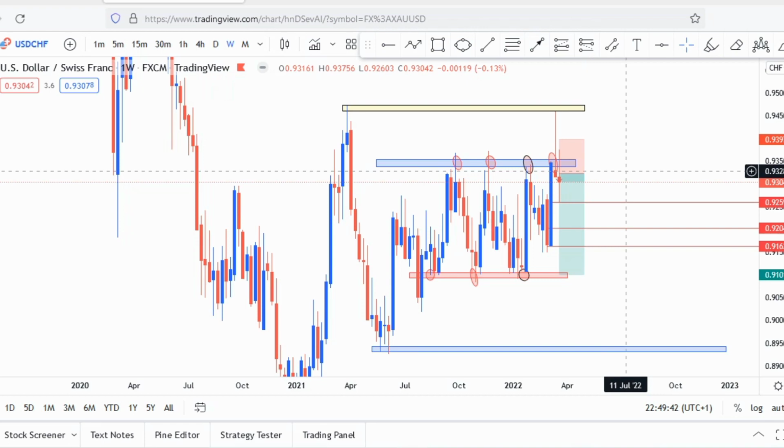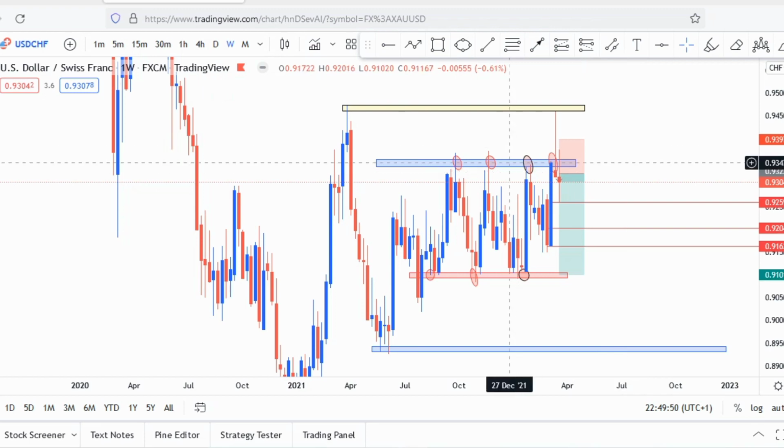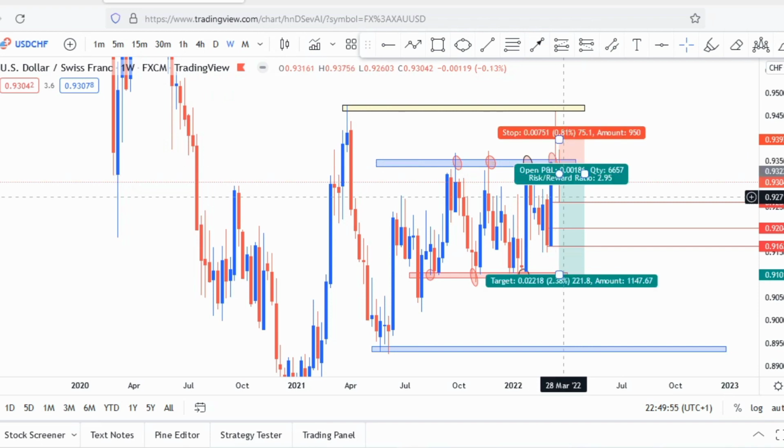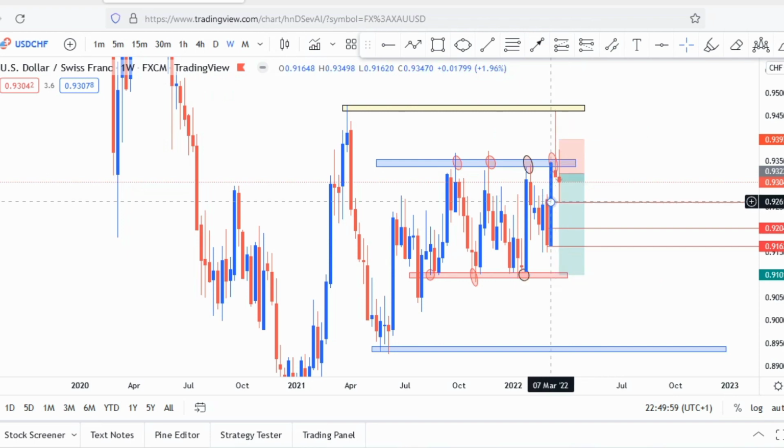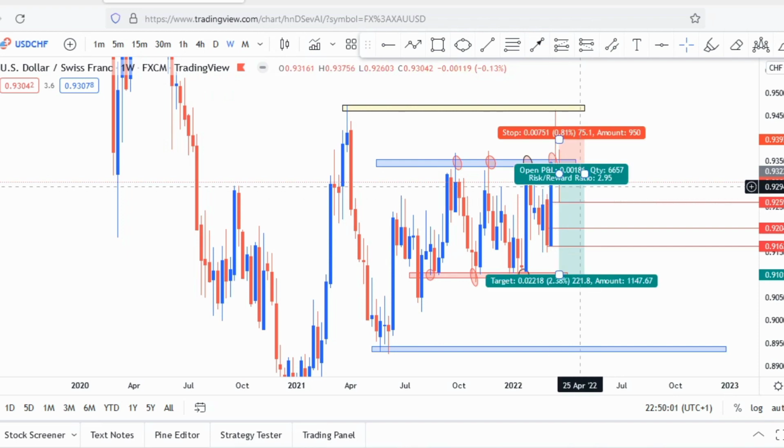So for USD Swiss franc, again from the weekly time frame, we can see that price has gotten to this resistance area here, and then tried to push price all the way to the downside, but price got to this resistance level here around the 0.926 area, and then bounced back.